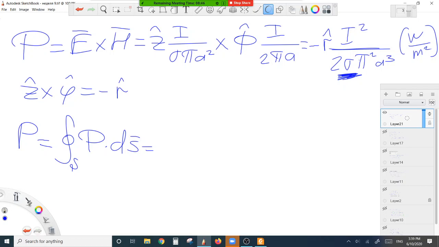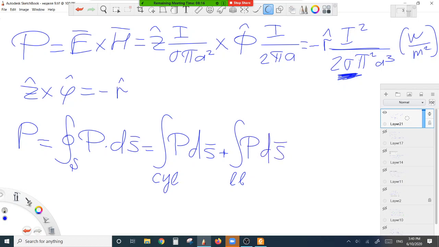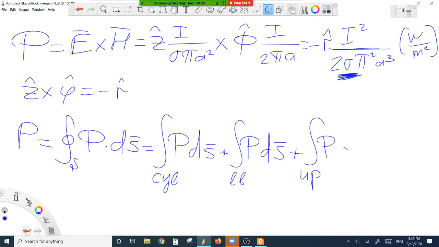First is the integral over the cylindrical surface of P ds, plus the integral over the surface of the lower base of the cylinder, plus the integral over the surface of the upper base of the cylinder.